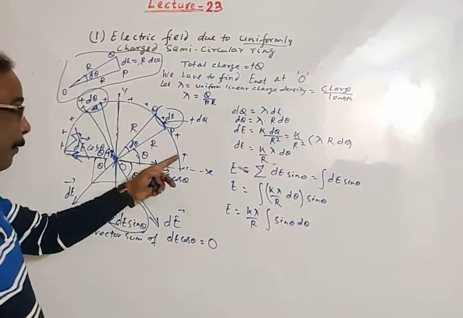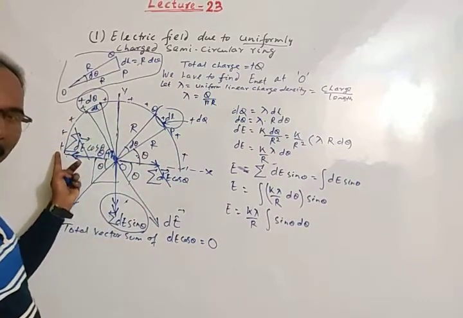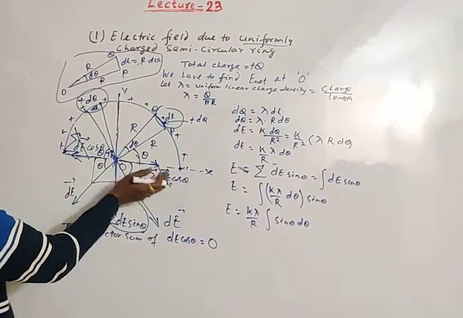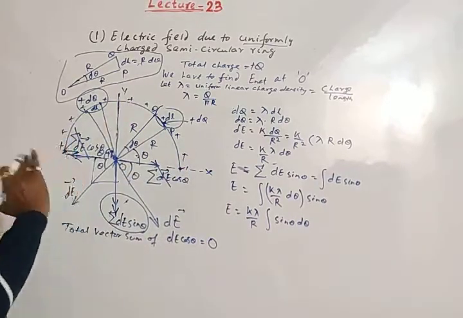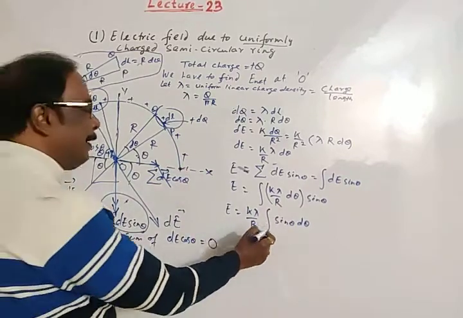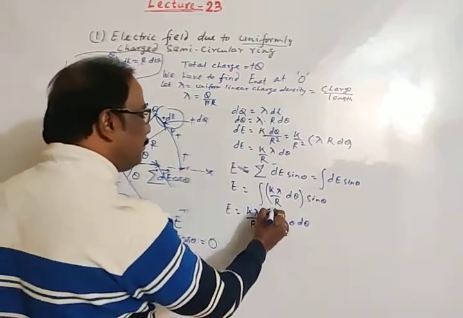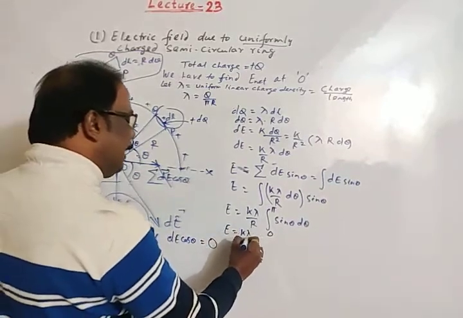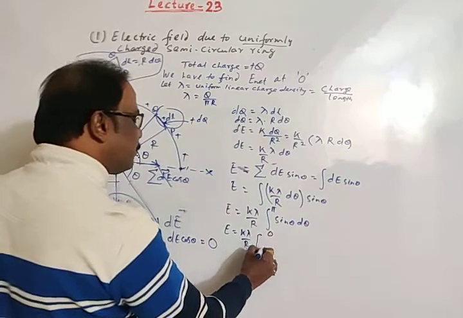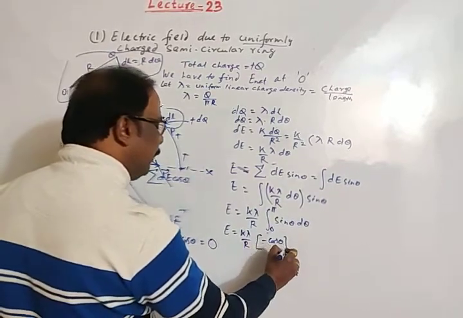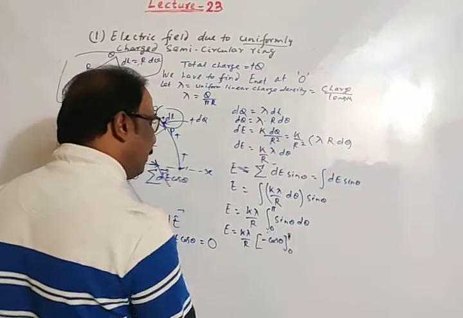Then to cover whole length of semicircular ring, we will start from here and we will end here, means total angle is pi, 0 to pi. So limit varies from 0 to pi. Then resulting electric field is k lambda by r, integration of sin theta is minus cos theta, limit varies from 0 to pi.